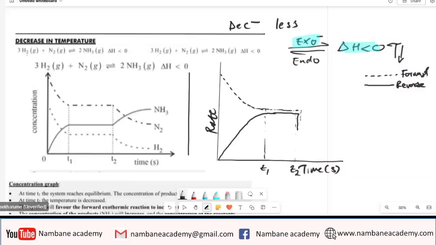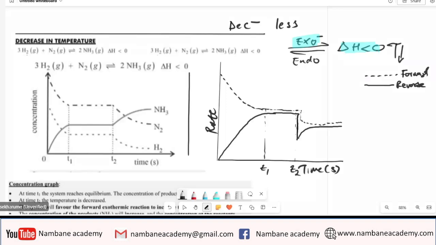So the forward direction is favored and is going to decrease less. The one which is not favored will decrease more. Now, because this is the disturbance on the system, according to Le Chatelier's principle, I need to oppose the disturbance, by increasing it, because we need to reinstate the new equilibrium.